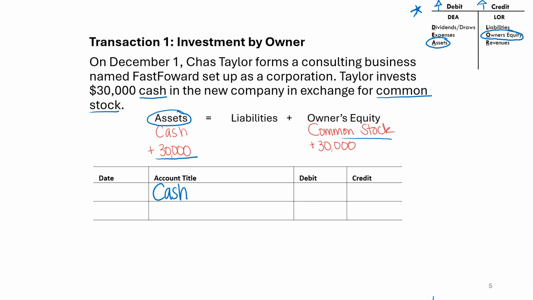So since common stock is being issued, the common stock account is increasing with a credit. So you credit common stock, and that is for an amount of $30,000. The date of this transaction is December 1st. So this is what your completed journal entry would look like.